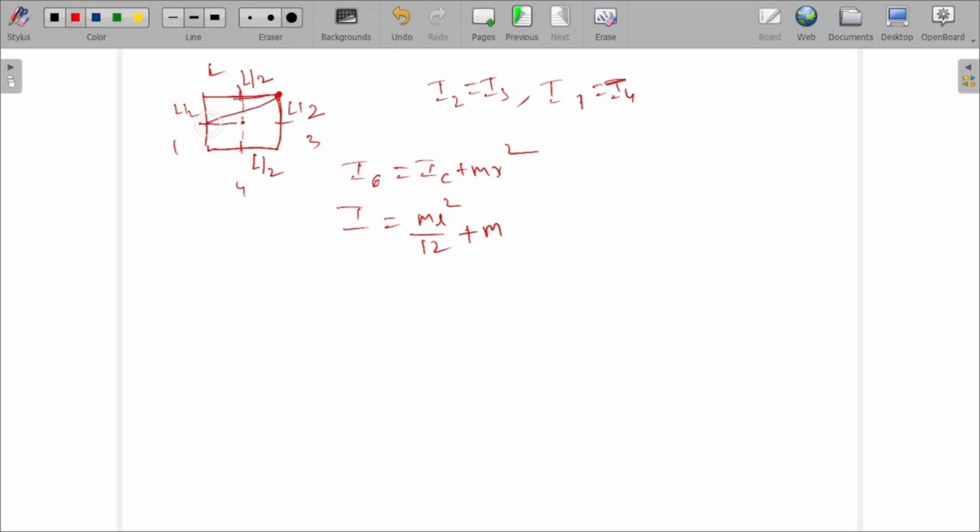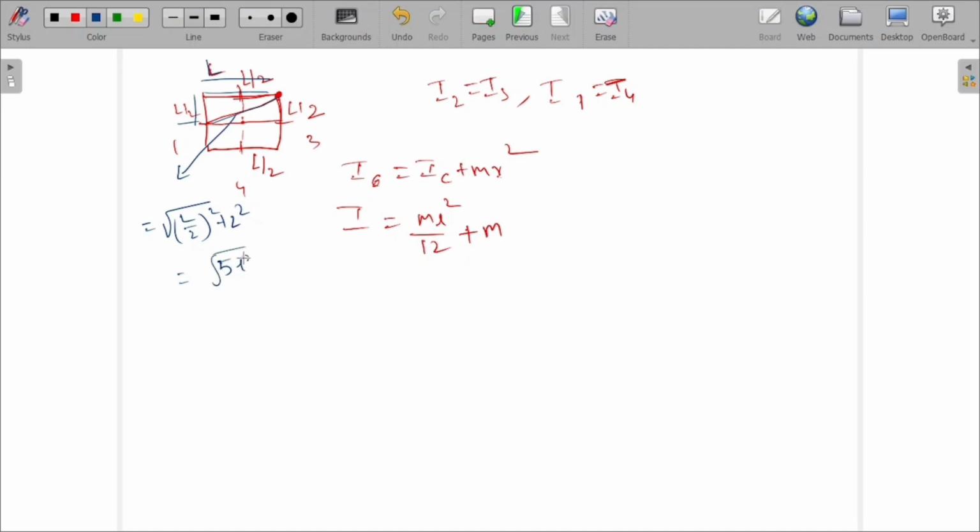Okay. That means you have to take this as a triangle. So from this triangle, this is L by 2. This total length is L. So what about this length? This length is L by 2 and this total length is L. Then this length will be how much? Hypotenuse only, no? So the hypotenuse will be equal to root over L by 2 whole square plus L square. So that will be how much?